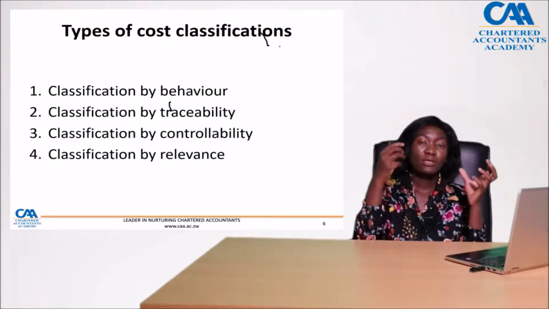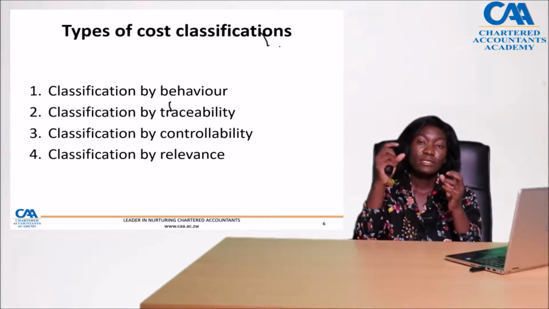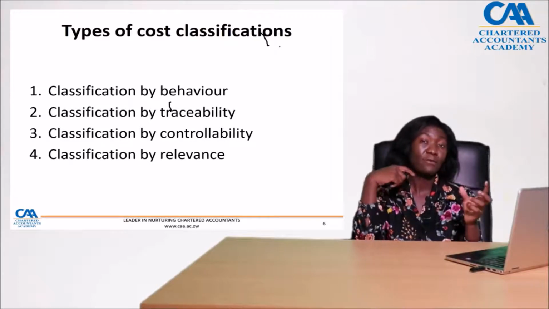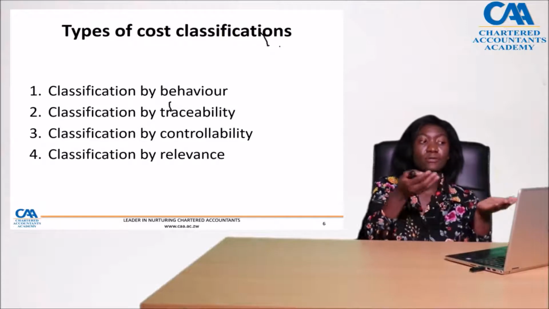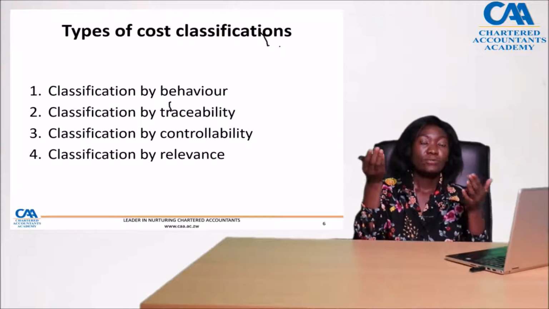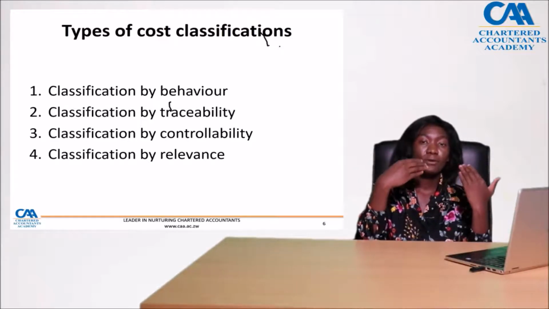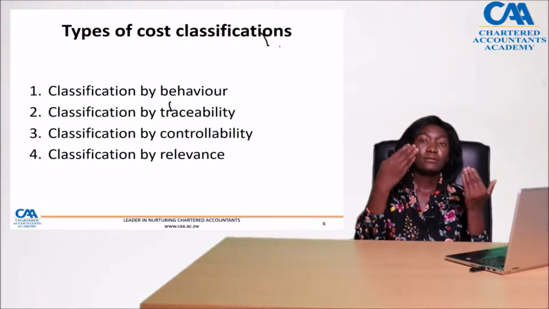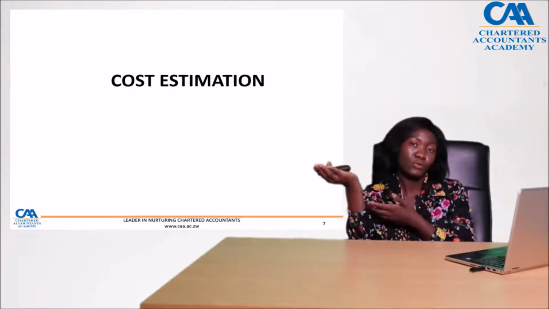Because if you are given a total cost, you are not sure which one is the fixed element and which one is the variable element, which you are going to use for your budgets and for decision making. Remember, when we are making decisions, variable costs are the ones we use, unlike fixed costs, which are likely going to remain constant over a certain range of output.